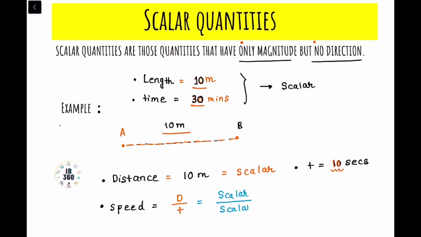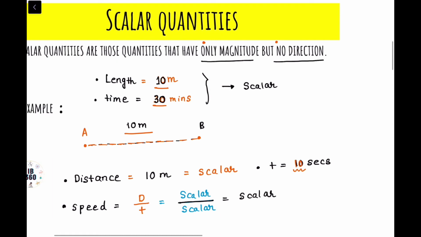From the previous part we see that when we divide a scalar quantity by a scalar quantity, we get a scalar quantity. So speed will also be a scalar quantity. What will the speed be in this case? Distance is 10 meters and time is 10 seconds, so the speed will be 1 meter per second.